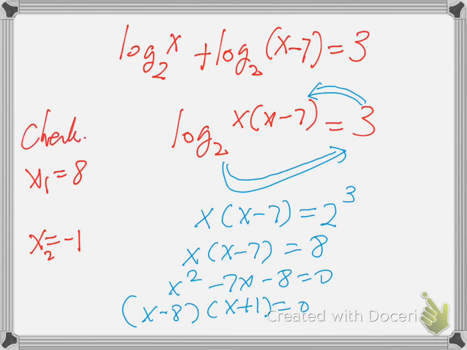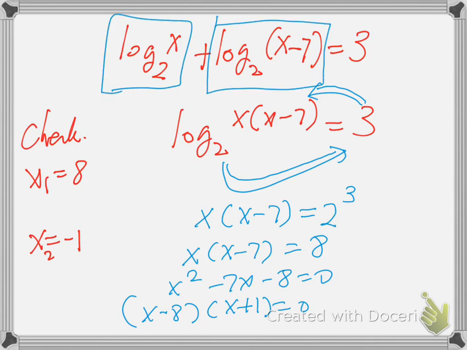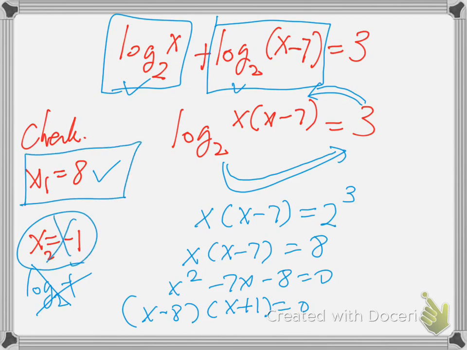When you plug in 8 and negative 1 into these two given logs, you have to make sure you are taking log of a positive number. When x is 8, this is positive, so 8 is the right answer. When x is negative 1, log base 2 of negative 1 is wrong, and the other one is also negative. So you have to drop the solution negative 1. We only have one answer, x is 8.